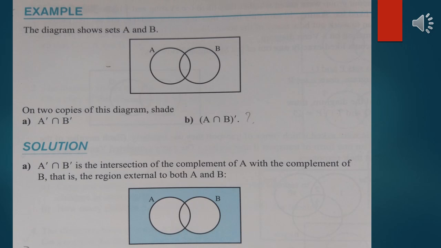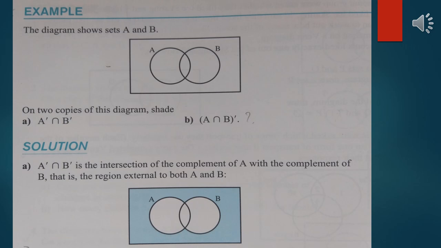First you shade outside A, then you color outside B with another color or shade.